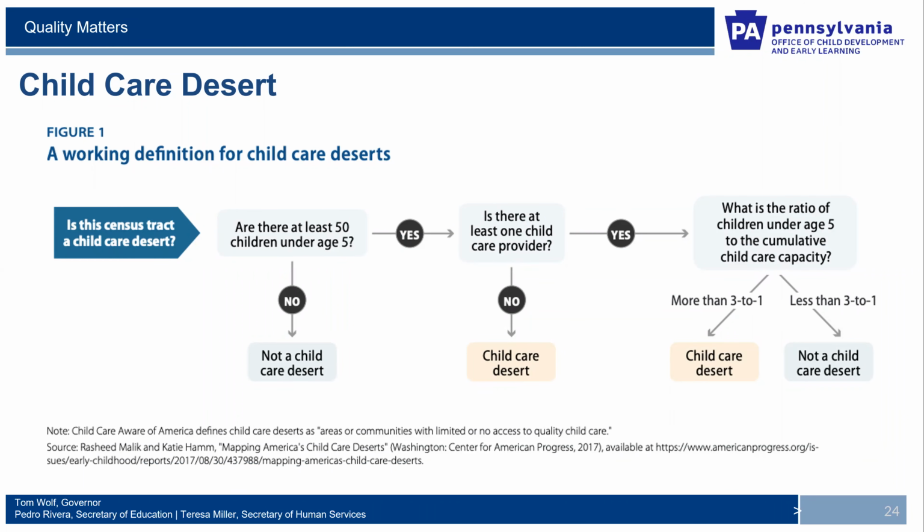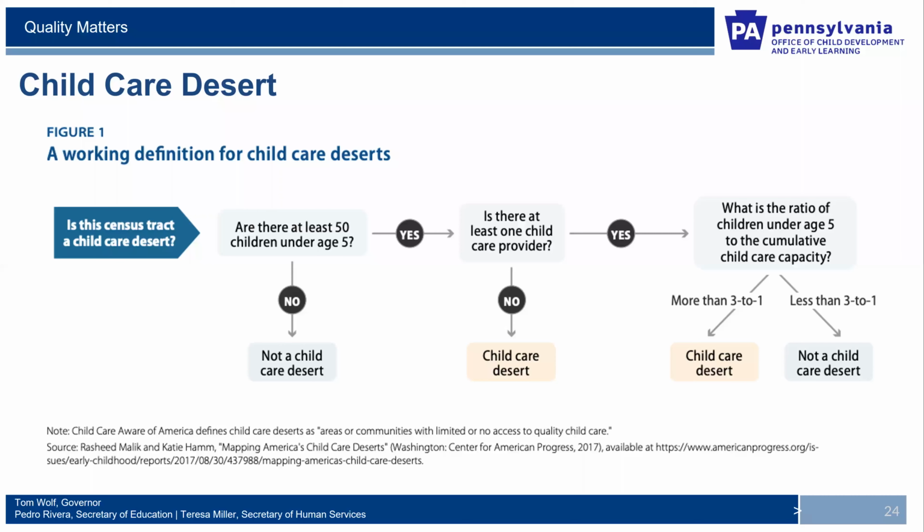Our first project focused on identifying childcare deserts, which Childcare Aware defines as areas or communities with limited or no access to quality childcare. We followed the process outlined in this graphic from the Center for American Progress to identify if a census tract was indeed a childcare desert. So if a tract did not have at least 50 children ages 0 to 5, it was not considered a desert.